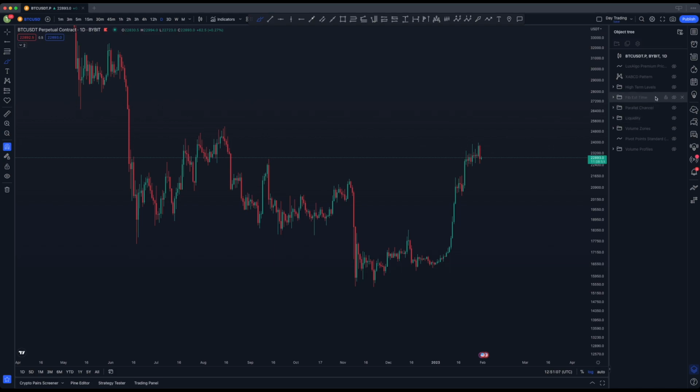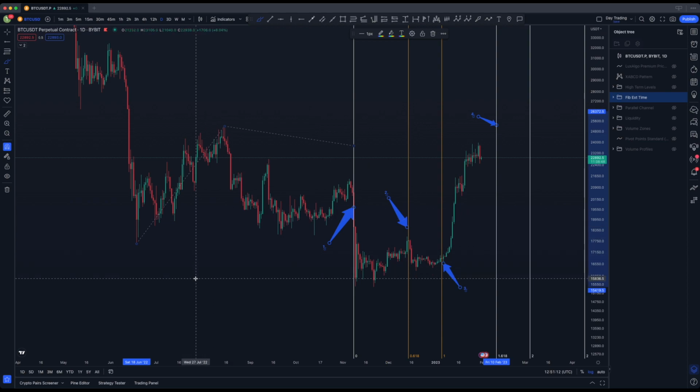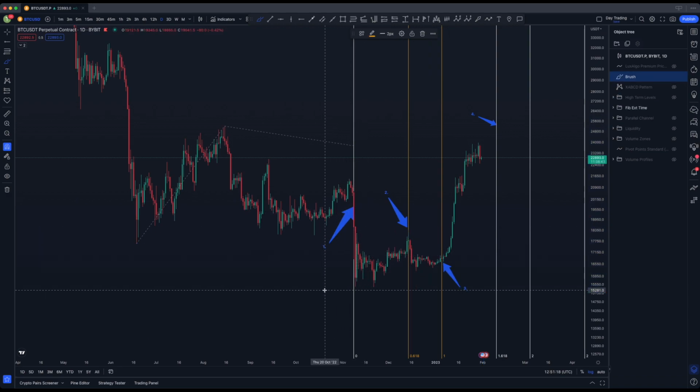So that is the Fibonacci extension time, right? As you can see, it started with the low, went to the high, finished the first bar, which is your 0 point on bar 1. Now you can see your first point, which is here, where I've drawn the arrow.